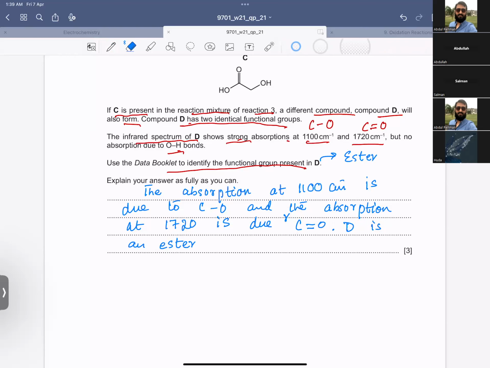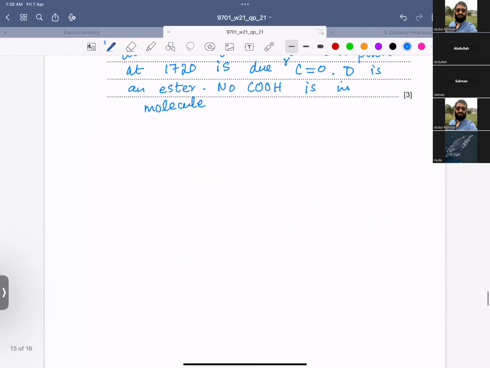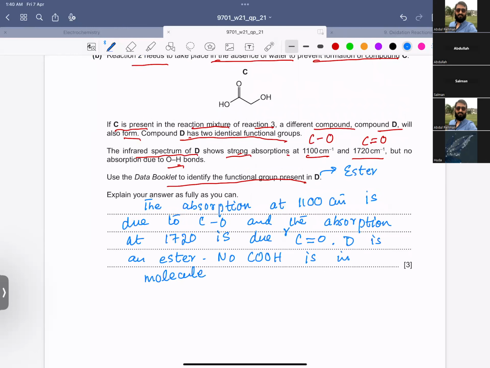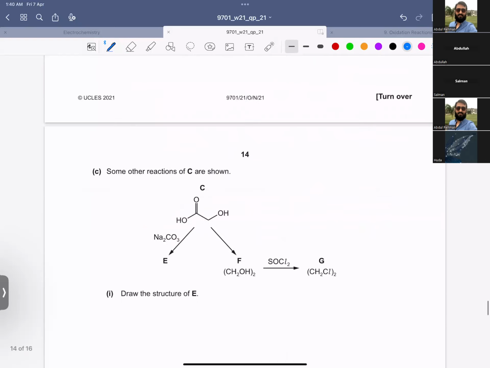And there is no COOH, it is an ester molecule. Yes, is this clear? If anybody has any doubt, kindly ask. Clear. Okay.